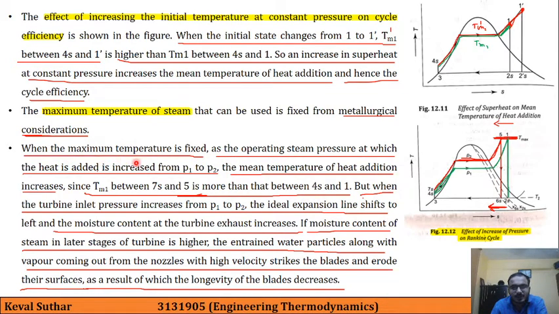Now in the second case, what we have done is we have increased the pressure of heat addition, that is, we have increased it from P1 to P2.